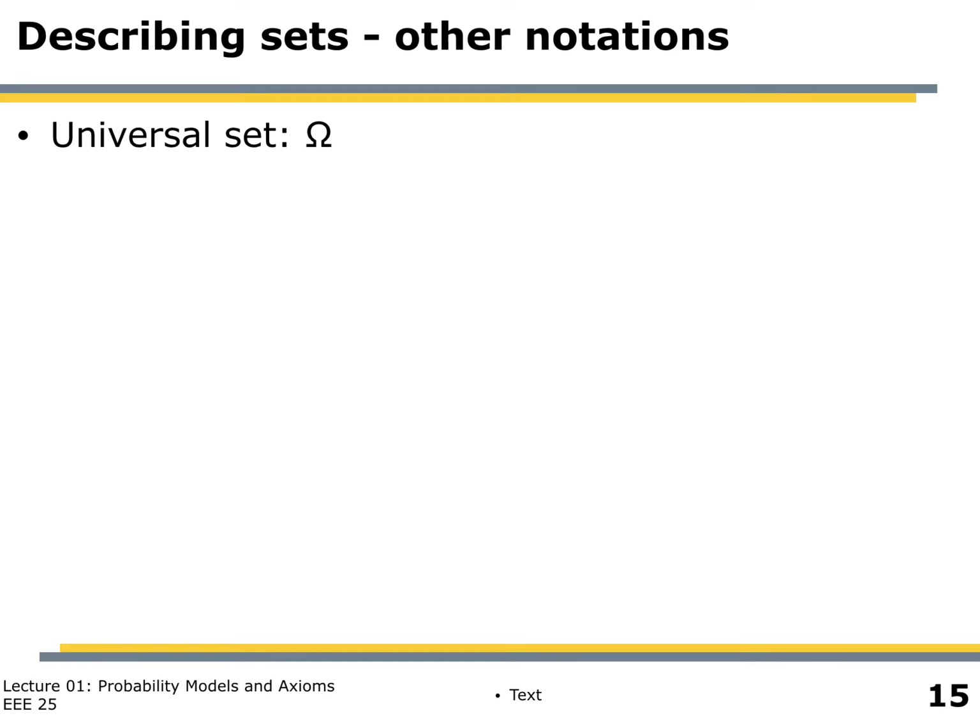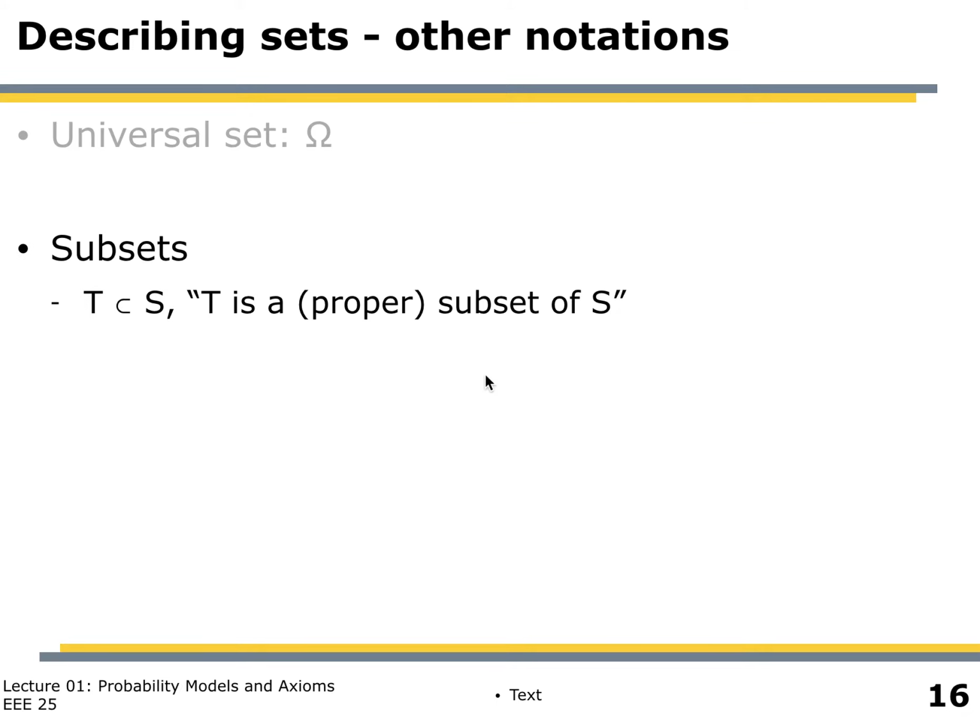For this course, we're going to use the big omega to denote the universal set. Once you have defined your universal set, then you can talk about subsets. A subset would contain a certain pool of outcomes or elements, and that pool may not include all the possible outcomes inside the universal set or some other bigger set.